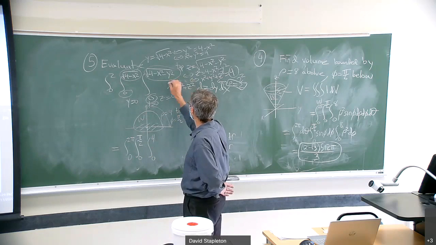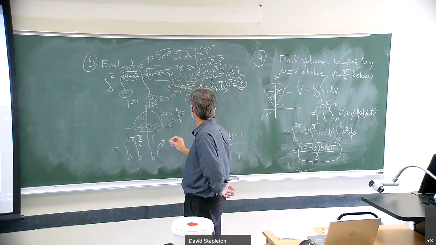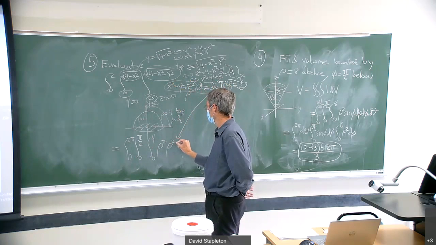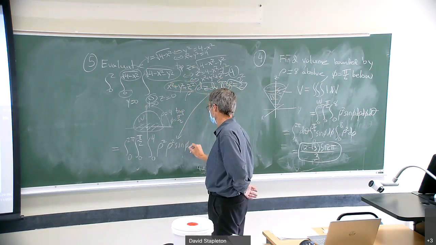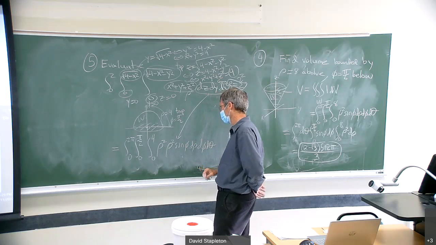And then the integrand, another rho squared. And the volume element, we've been using rho squared sine phi d rho d phi d theta. So there was that integral.